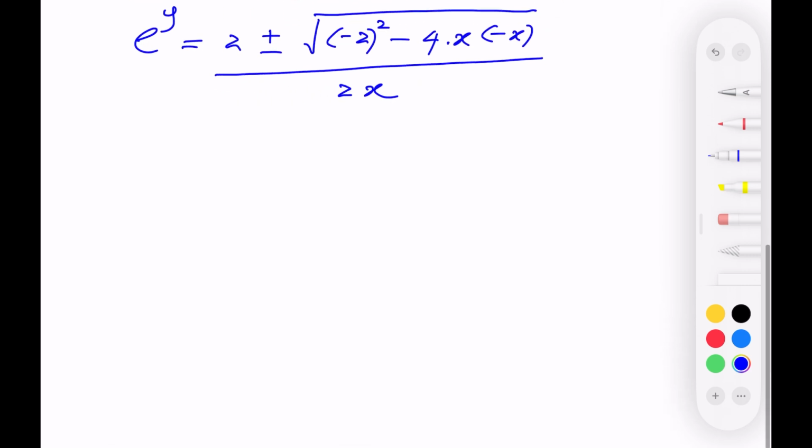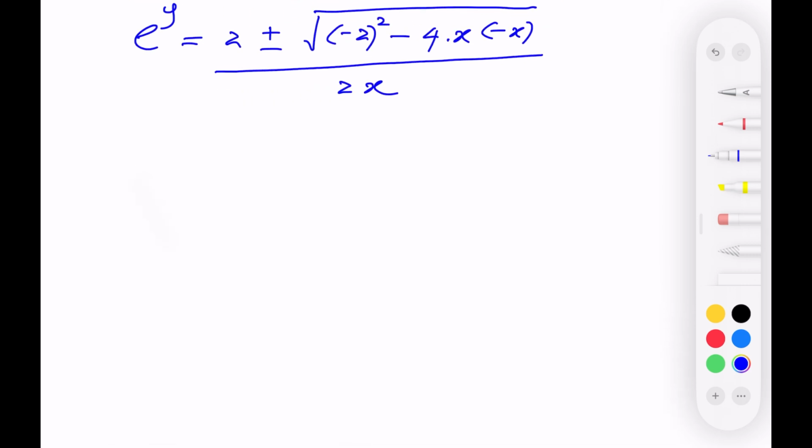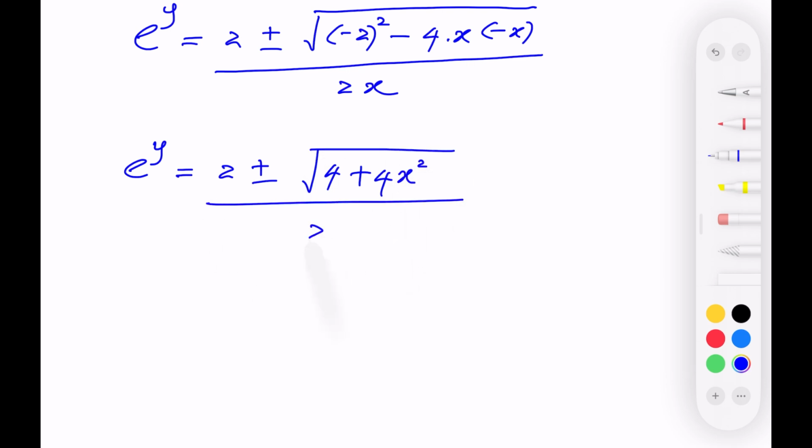Now we need to simplify this some more. You can see that e to the y is equal to 2 plus or minus, inside the square root I have negative 2 squared, which is a positive 4, and this part will be simplified to become plus 4x squared. All of that should be divided by 2x.